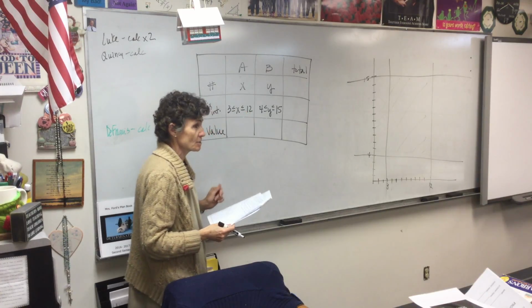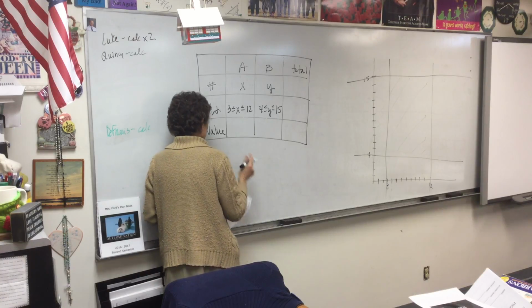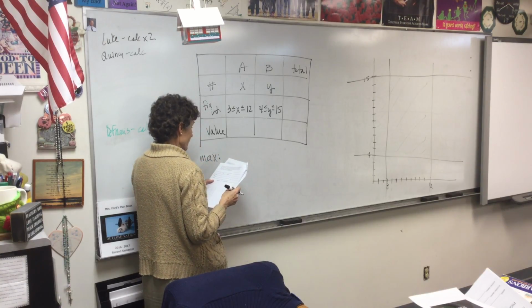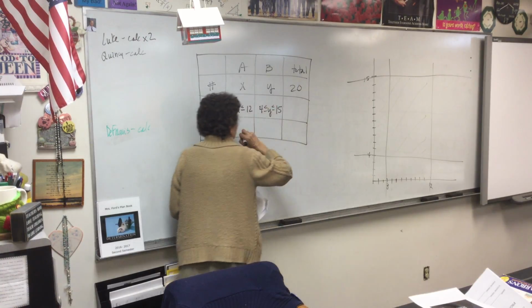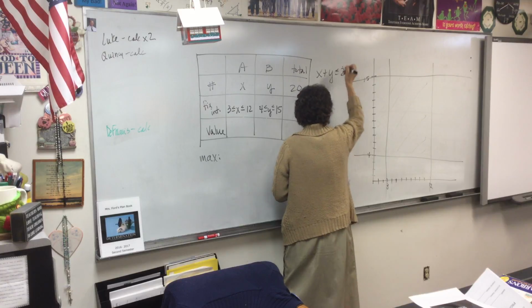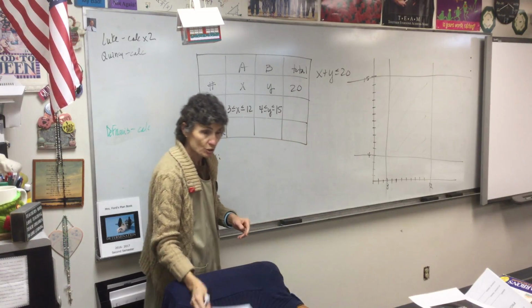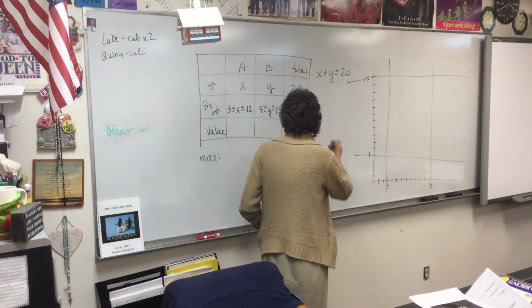Is there anything else that needs to go on the chart? Yes, there is. What do I know about a total? 20 questions total. So one of my equations is going to be x plus y is less than or equal to 20. Because I can only do 20 questions.